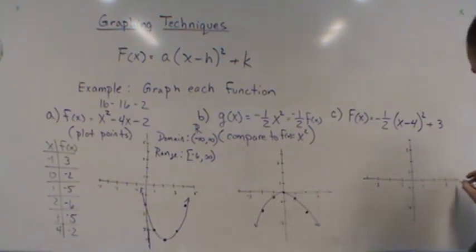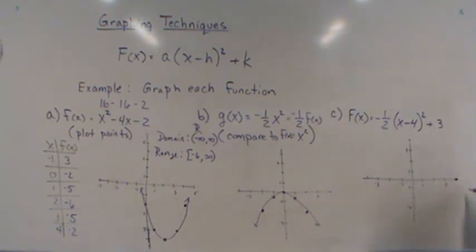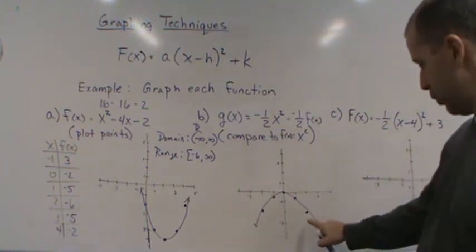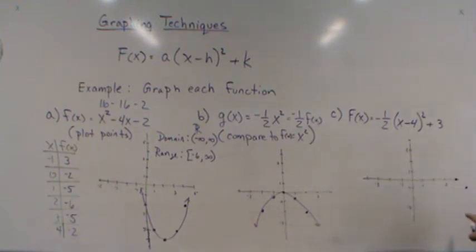So let me put this here. The origin is going to move to 4. This point is moving to 5, so that's going to be at negative 1, 5. This point is moving to 6, so it's going to be 6 comma negative 2.